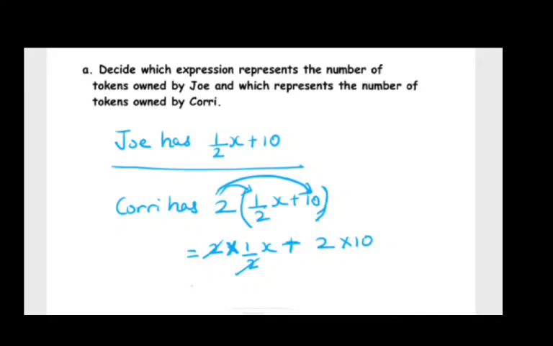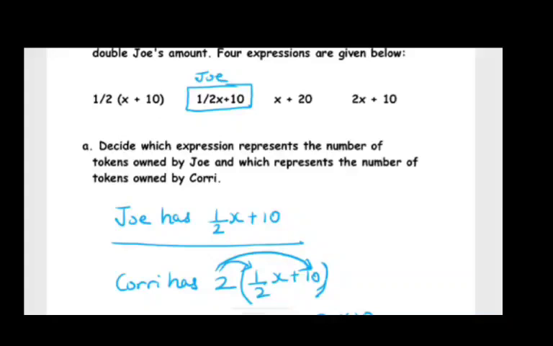So here I get 1 into x makes it 1x. 2 into 10 makes it 20. So it can either be written like that or normally x plus 20. So Corey has x plus 20. So this is Corey's expression. Alright children?